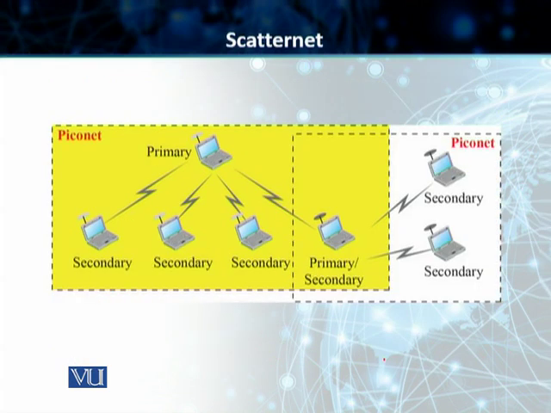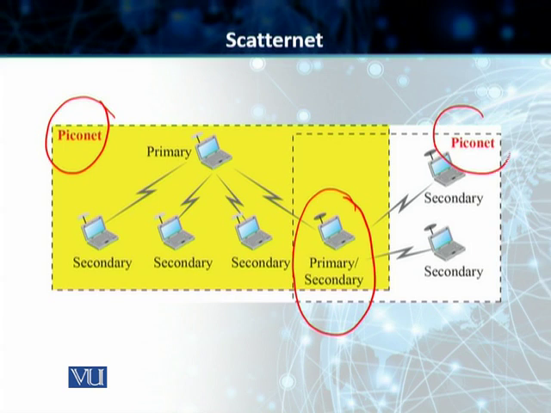Students, the second type of the Bluetooth network that we have got is Scatternet. Multiple Piconets can be combined to form a Scatternet. Students, the interesting bit in this one is that if this particular station, for example, in your slide, it is acting as both a primary and a secondary. So a secondary station in one Piconet, this station is secondary in this first Piconet, but it is a primary in this second Piconet.